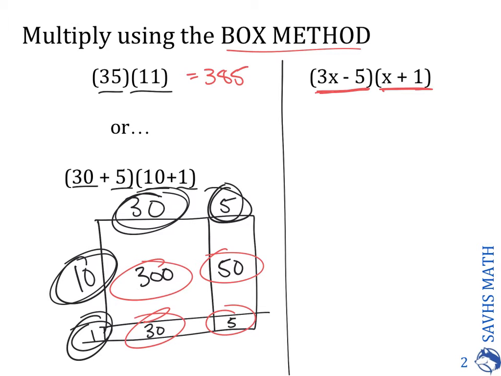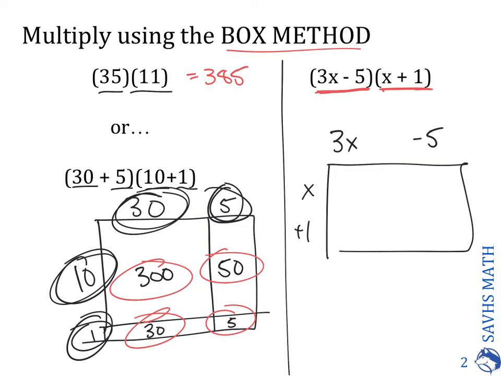So let's just set up this same thing. I'm going to put 3x minus 5 here, and I'm going to put an x plus 1 here, and I'm just going to do each of the individual multiplications here. Remember that there's this invisible multiplication symbol right between these parentheses. So I know that's what I'm doing.